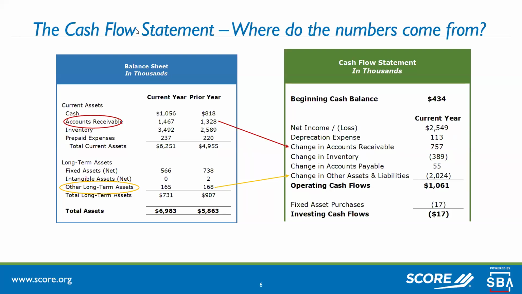Yeah, so the question: change in accounts receivable is 757 for the current year. When you're looking at the current year and the prior year for accounts receivable of 467 versus the 1,328, how do you get the 757? Sure, that's a good question. So it depends on the period that you're looking at.